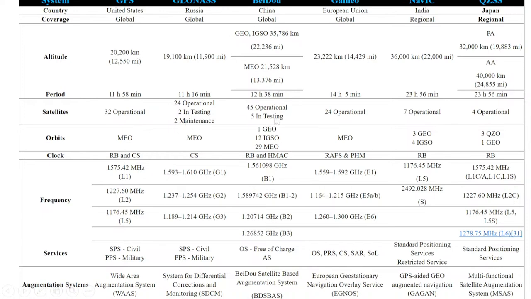Beidou has almost 50, and Galileo has 24. NavIC is the IRNSS, given by our Honorable Prime Minister, and it has 7 operational. Then QZSS, the Quasi-Zenith Satellite System, has 4 operational, 3 in QZO and 1 in GEO.